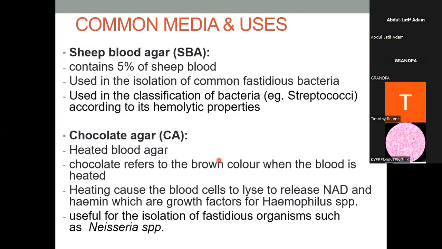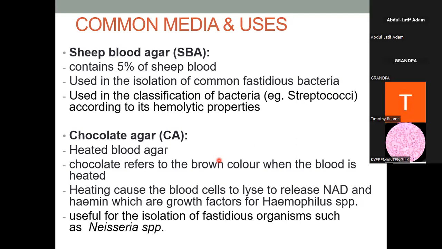However, the hematin and the NAD are all within the red cells, and Haemophilus doesn't have the capacity to break into the red cells and take the X and V factors. So what it loves about the blood is its X and V factors, which are all intracellular. That's why it doesn't grow on blood agar, because the things it needs are within the cells.